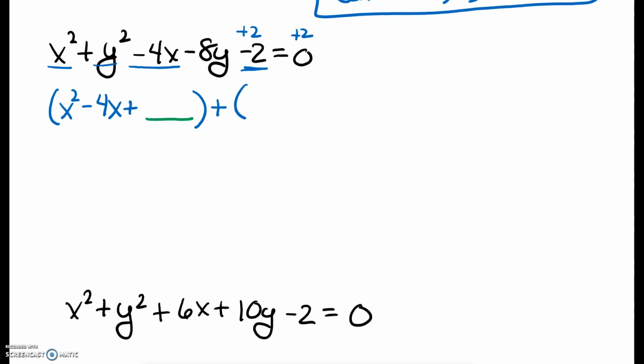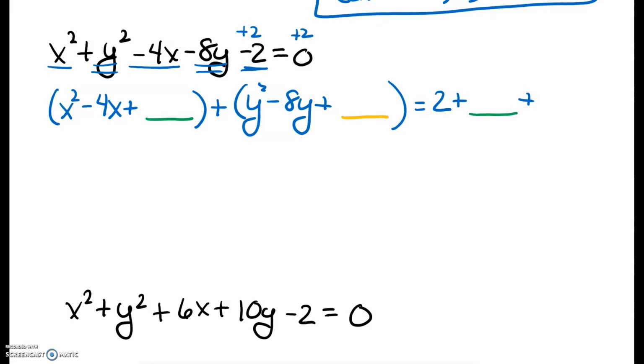Plus, I'm going to group my y squared and my negative 8y, and I'm going to add something here. And remember, I need these blanks on both sides, so I added a 0 to 2. So I've got a green blank that I need to add and a yellow blank I need to add.